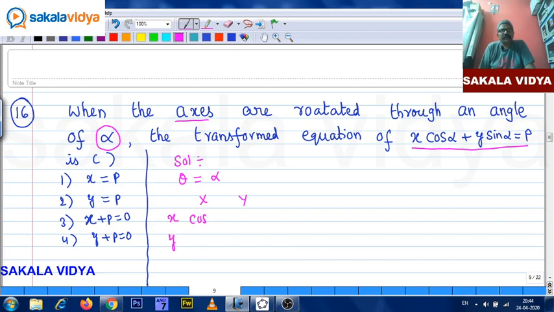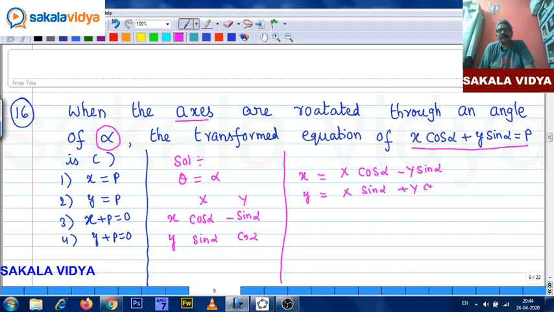This is cos alpha, minus sin alpha, sin alpha, cos alpha. So now we get small x is equal to capital X cos alpha minus capital Y sin alpha. Similarly, small y is capital X sin alpha plus capital Y cos alpha. These two values are to be substituted in this equation.